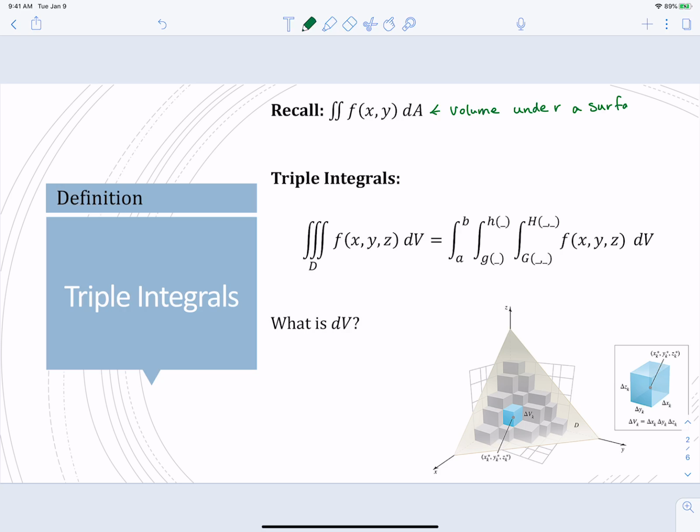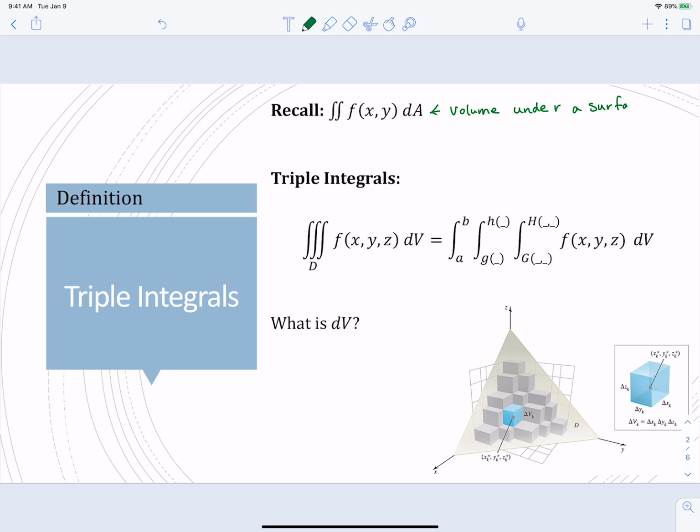Our limits of integration, how they are going to look is that our innermost limit of integration is going to be at most in terms of two variables. It's likely going to be x and y, but it could be y and z, or it could be x and z. It could be any of those.